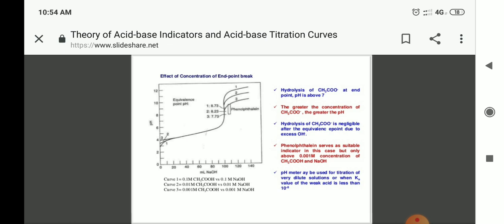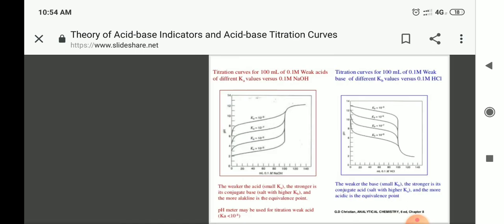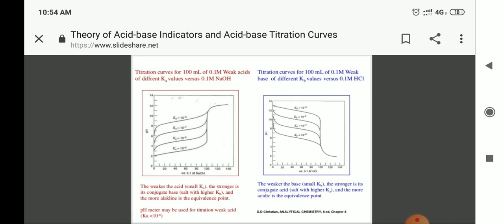Curve 1 is 0.1 molar acetic acid versus 0.1 molar NaOH. Second curve is 0.01 molar acetic acid, that is CH3COOH, versus 0.01 molar NaOH. And the third curve is 0.001 molar acetic acid versus 0.001 molar NaOH. This is the titrimetric curve.